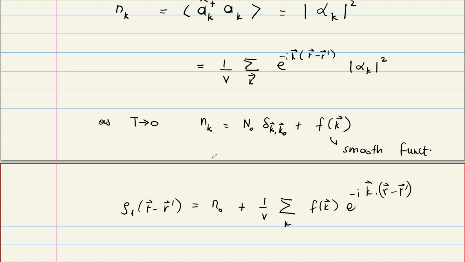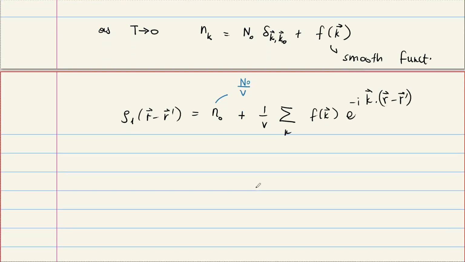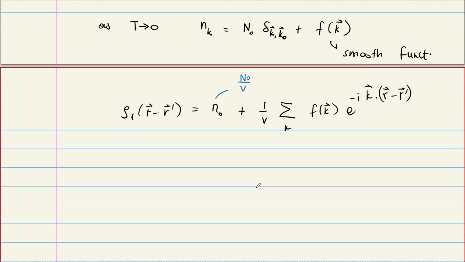And this n0 is n0 over volume. And if f_k is smooth, any smooth function, if you Fourier transform, this is going to be decaying with the magnitude of r minus r prime.